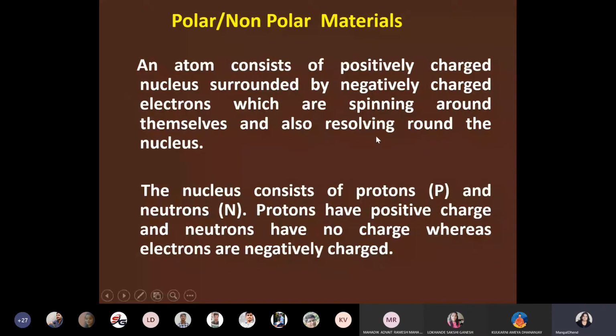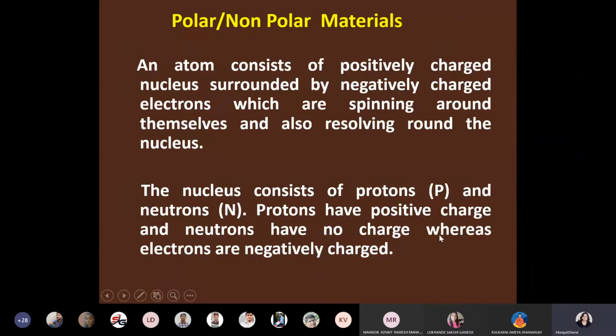Surrounding that positive charge nucleus, electrons are revolving around it. The center of positive charge, the nucleus, is at the center of the atom, and if you see the center of the revolving electrons, that also coincides with the positive charge. So positive charge and negative charge are equal and opposite, and they are also at the same center, so the atom as a whole is neutral.